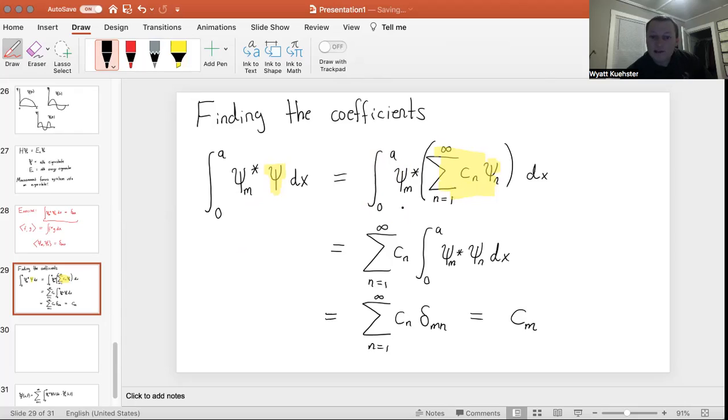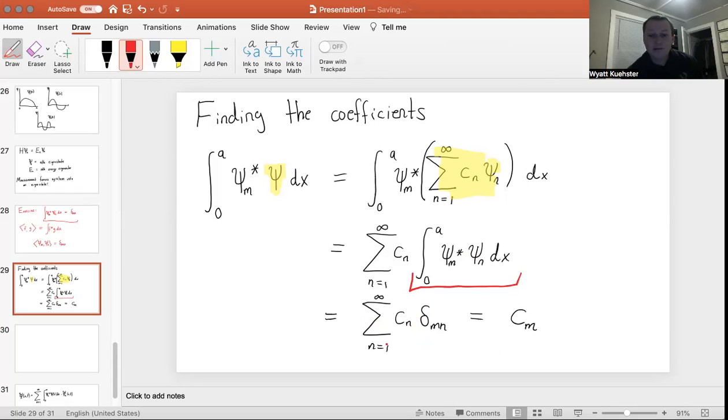And then what you find is that because of linearity, this sum and the coefficients jump outside the integral. And what you get is the integral that you just computed, the inner product of psi m and psi n, which we said is delta mn.